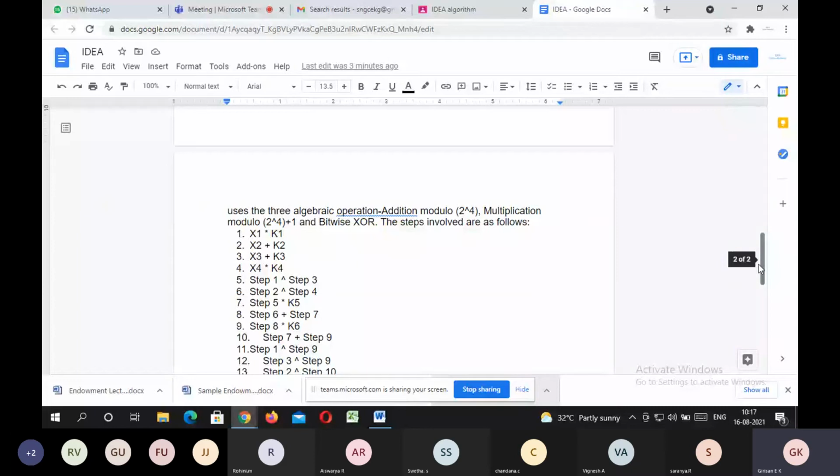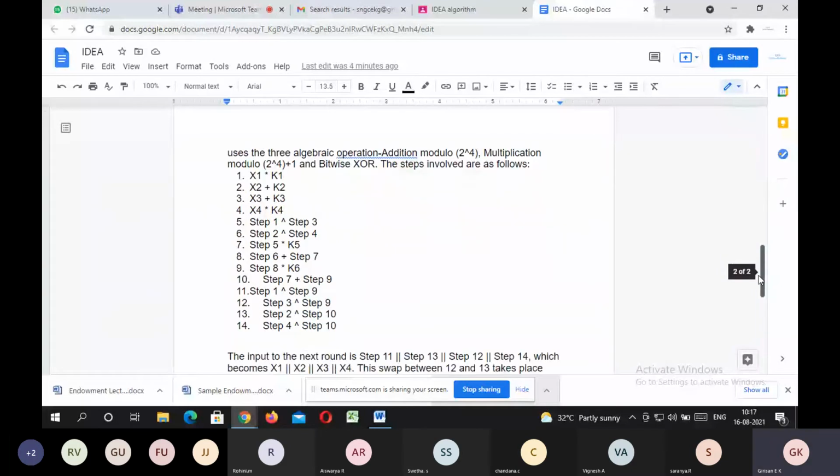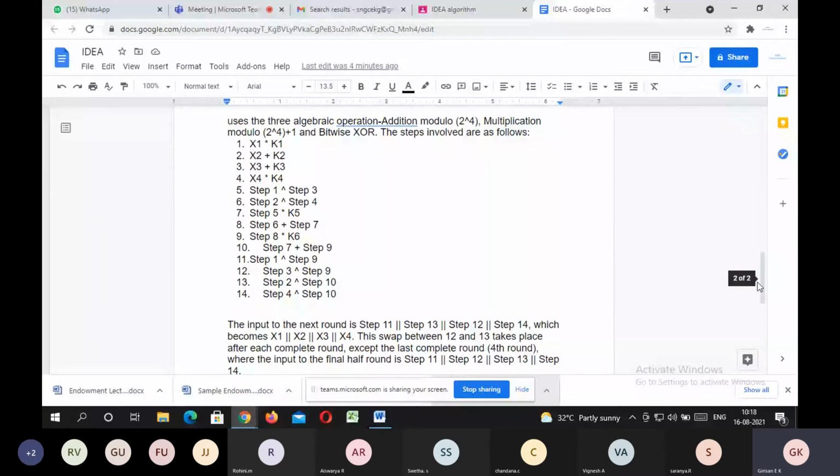The ninth step is the result of step 8 modular multiplication by K6, the part of key K6, which is also 4-bit. The 10th step is the result of step 7 modular addition with the result of step 9.